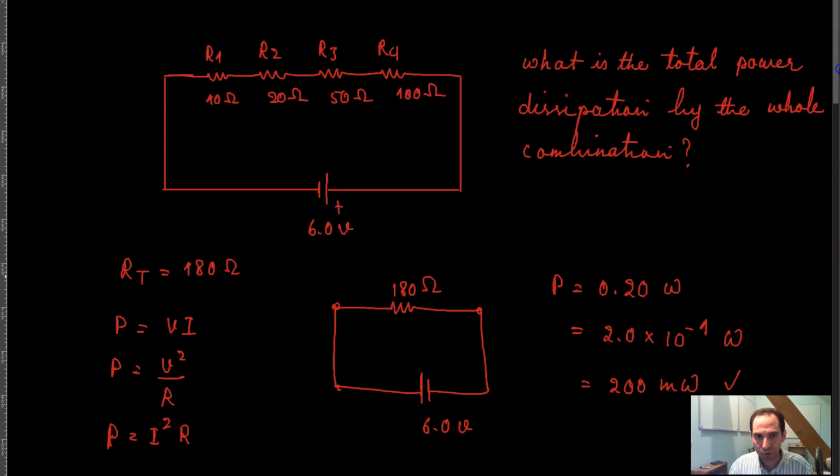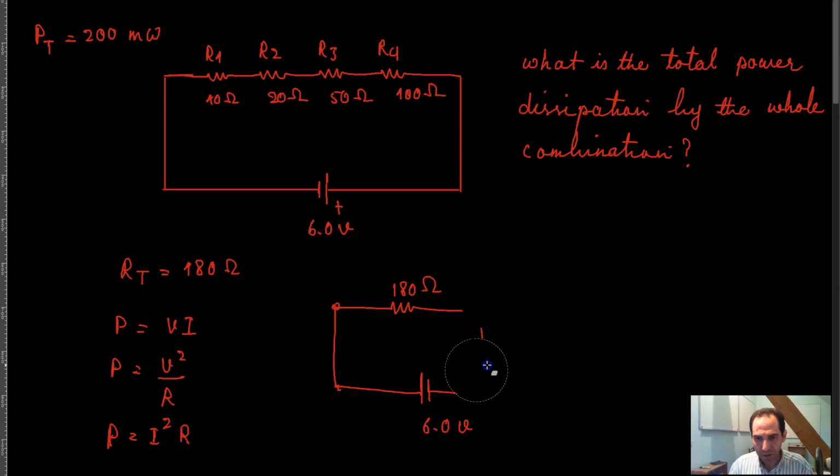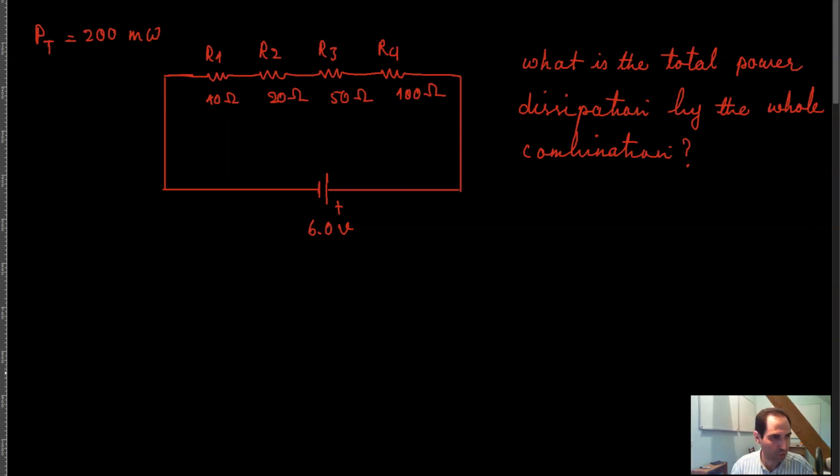What you could have done in the case of this circuit, since we know that P total is equal to 200 milliwatts, is write the total power dissipation as P of T equal to I squared times R. If R total in this circuit is 180 ohms, as we calculated before, then the current going through this circuit would be I equal to V over R, which is 6 divided by 180 ohms.